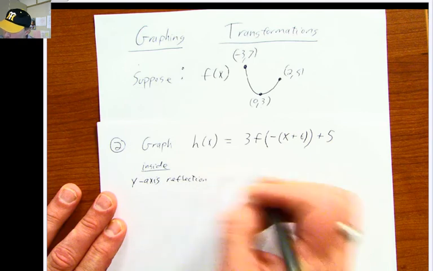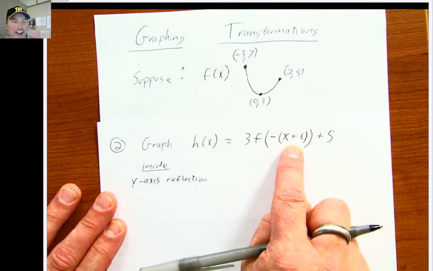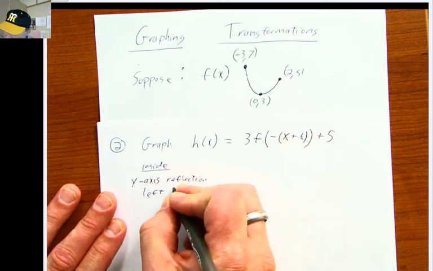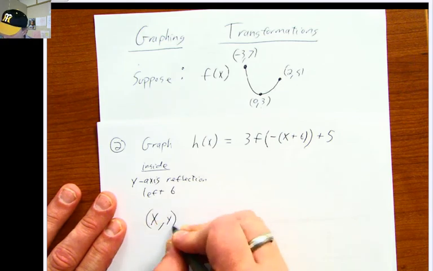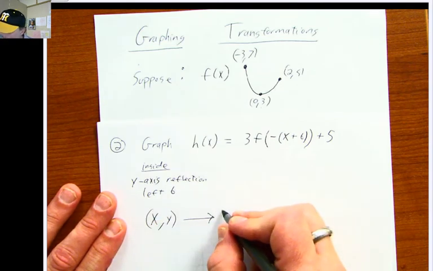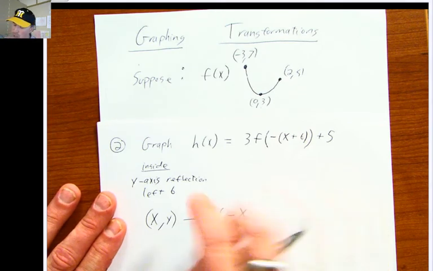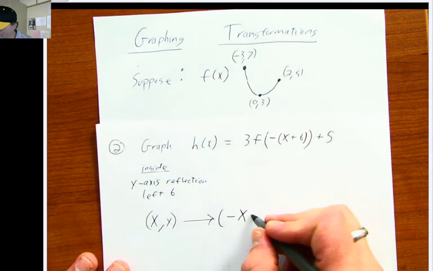And still on the inside of the function, I have this x plus 6, that shows that it would be going left 6. So as far as the xy coordinate goes, a y-axis reflection means that it would be negative x, and then after you apply the reflection, you then apply the left 6, and if you're traveling left 6, you're subtracting, so minus 6.